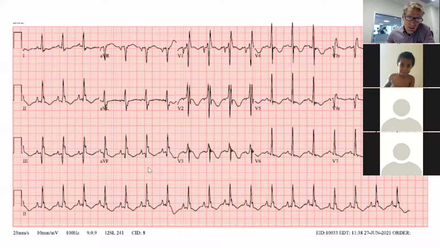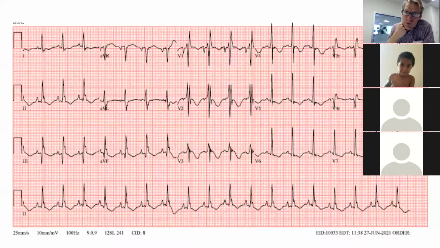Now the next thing to look at is the morphology. So let's look at the P wave morphology. What do you notice about the P wave morphology? Its height is more.